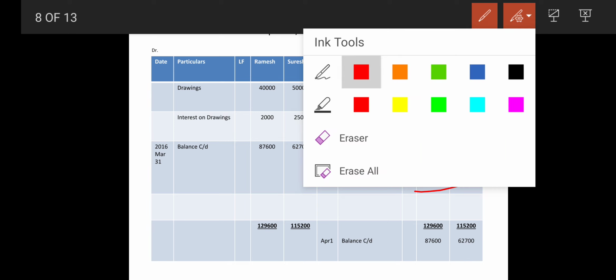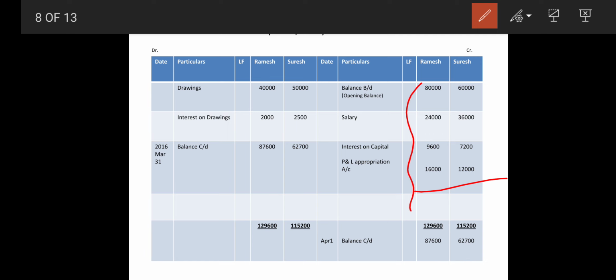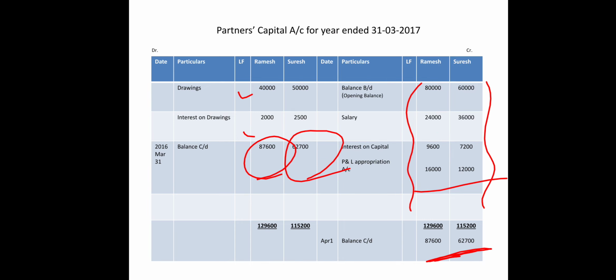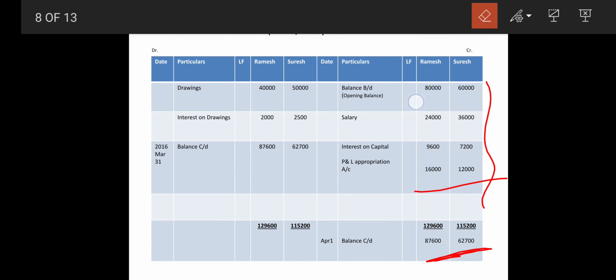Then making the grand total of both sides, ultimately by deducting these items we get the difference, 87,600 and 62,700. That will be carried to the next coming year. So this is the end of the sum. First you look at the whole sum in the video, and then you can continue with your solutions.